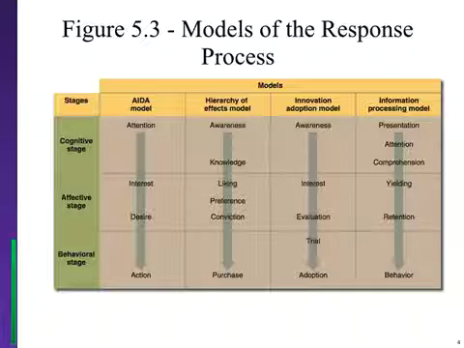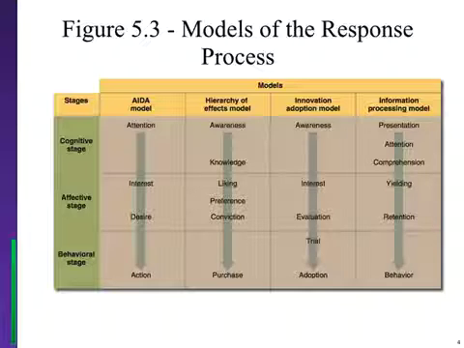Our book goes through a bunch of different models to help us understand the process from the point that consumers or that the receivers get that information to the point that they make some sort of decision or take some sort of action based on that information. And whether we're talking about the sales process or the advertising process or the new product adoption process, these models look a lot alike.